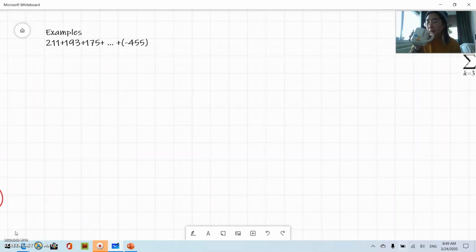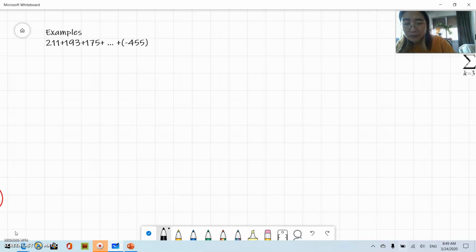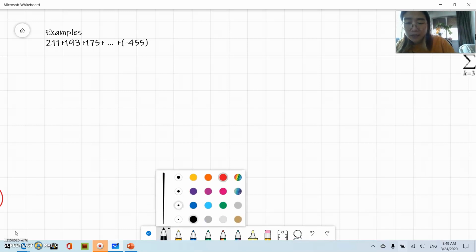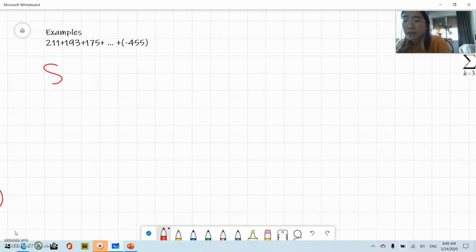All right, the first example. If I rewrite the formula, it was S of n. So this is a partial sum because any infinite arithmetic series would be infinity or negative infinity, okay?